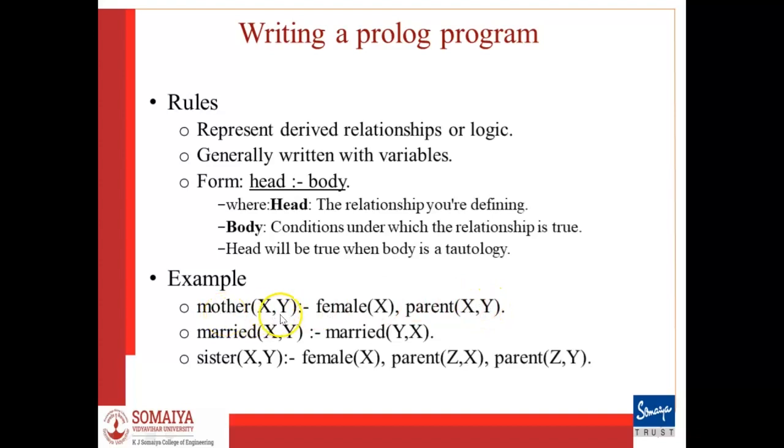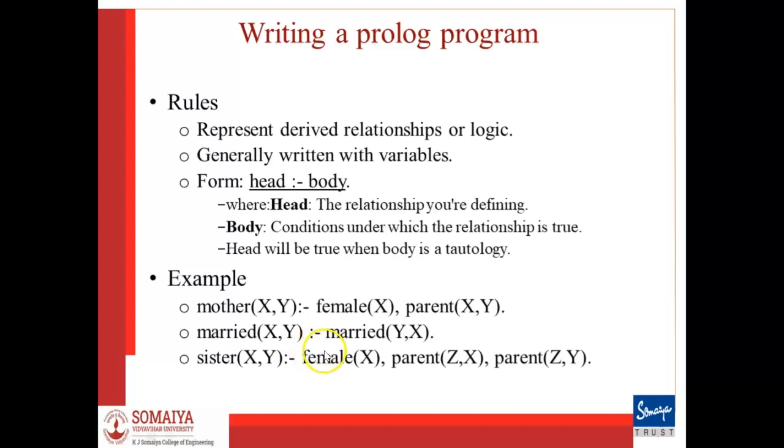So once this mother X, Y is executed, then X and Y are free, and Prolog could use them to assign any other value which matches the given rules in the next statement. So again, mother X, Y would have a different scope, married X, Y would have a different scope, and sister X, Y would have a different scope. So these three statements being part of a single program would be permitted in Prolog.